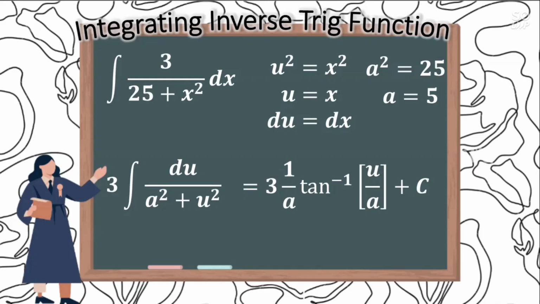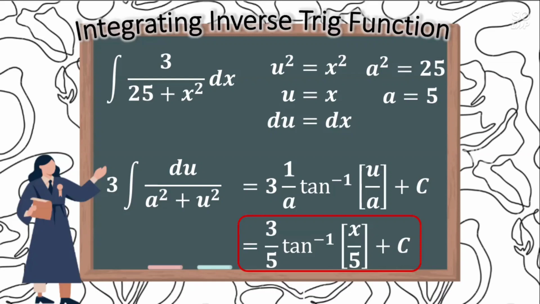Next, let's replace a with 5 and u with x. So it's going to be 3 over 5 arctan of u over a, or x over 5, plus c. And so that's the solution for this problem.